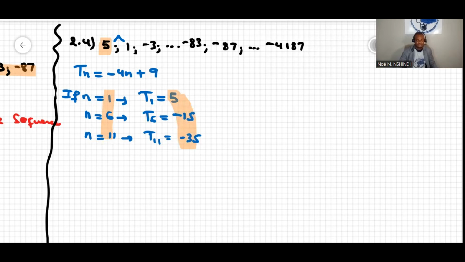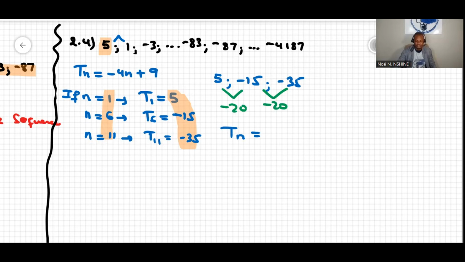Let's first look at this pattern, where we have 5, -15, -20, -35. This is a pattern because these terms also form a constant difference of -20. So if it forms a constant difference, we can also create a formula for those terms that are multiples of 5.